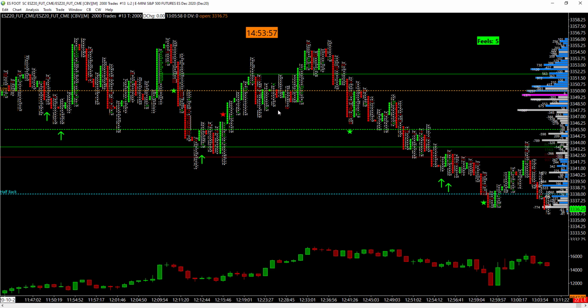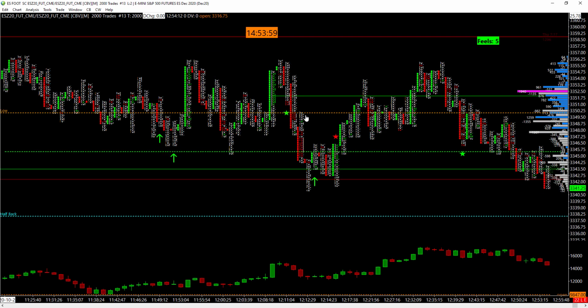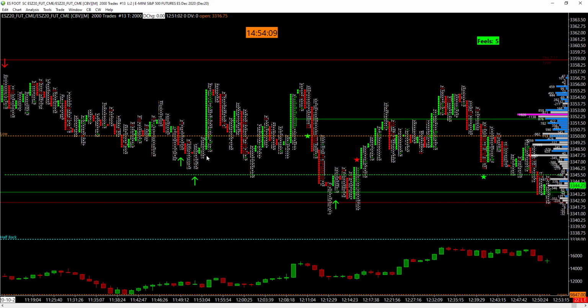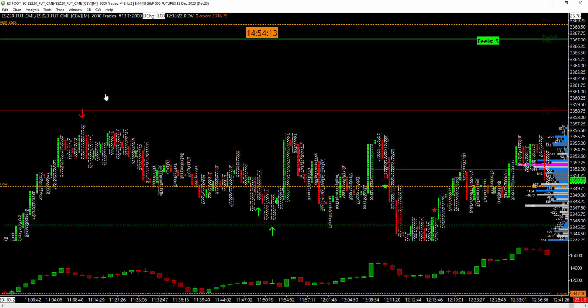So I'm zoomed out. The nuances of the footprint are completely irrelevant for how that divergence detector works. The divergence detector is plotting these green arrows, and then there's these red arrows over here.